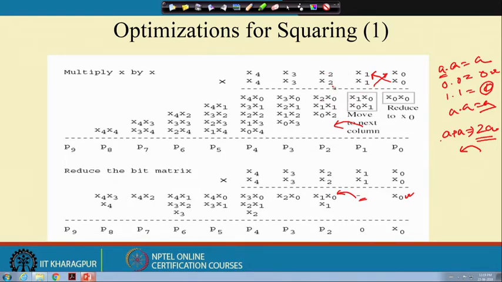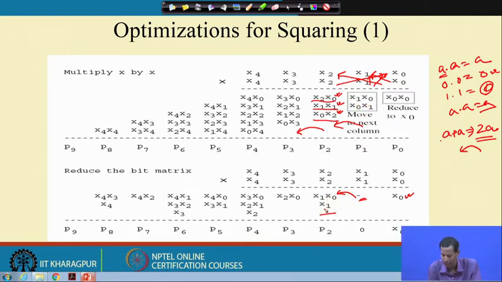So, for the P 3 case, what will be there? For one it is this, for another this, and for another this: x 0 x 2, x 1 x 1 and x 2 x 0. So, this and this are the same, so this will move to the next column, and x 1 dot x 1 is nothing but x 1. So, this x 1 x 0 has come here and it will be added with x 1.